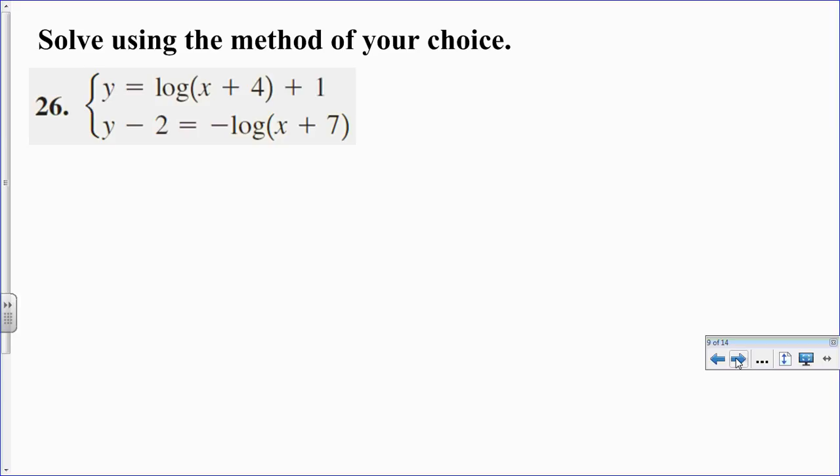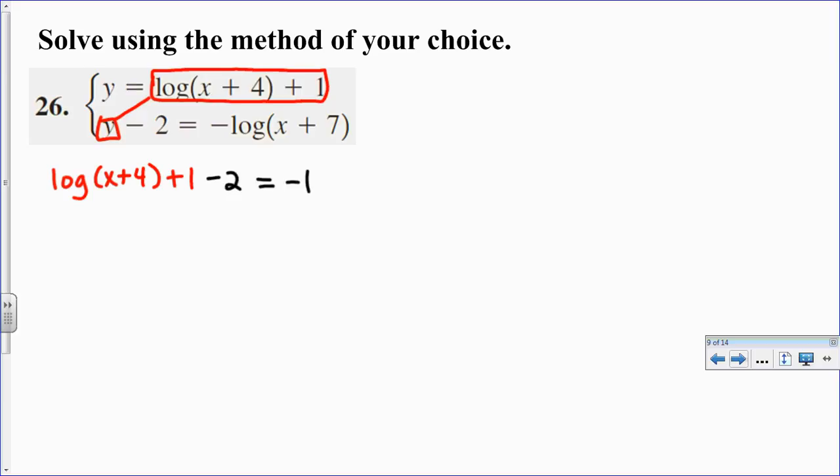So it is y equals already. So I'm going to take this and substitute it in for y. There's no base, so it's base 10. So log base 10 of x plus 4 plus 1. All that goes in for y. And then I have minus 2 equals negative log base 10 of x plus 7.